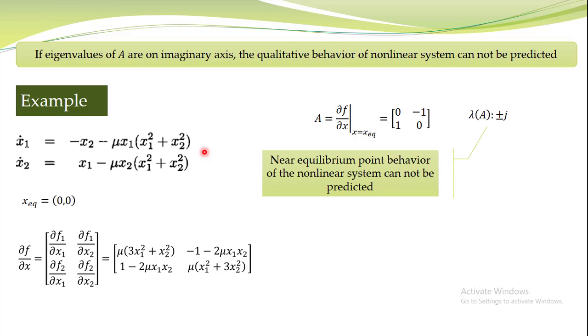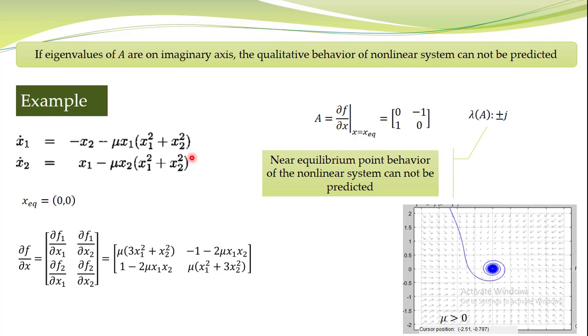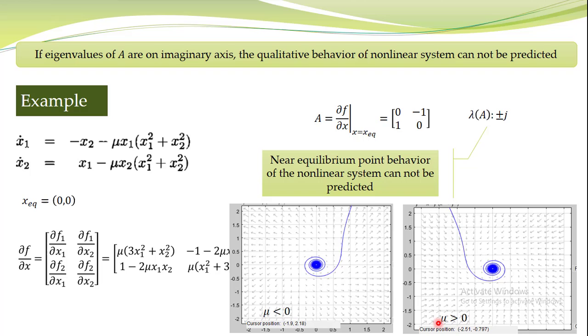So here are the phase portraits for this system for some positive values of mu, and here is the phase portrait for mu less than 0. In the phase portraits, we can see that it is a stable focus for the case of mu greater than 0 and an unstable focus for mu less than 0. However, we were not able to describe that behavior by looking at the Jacobian matrix.